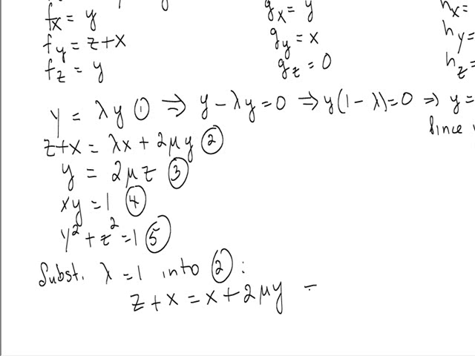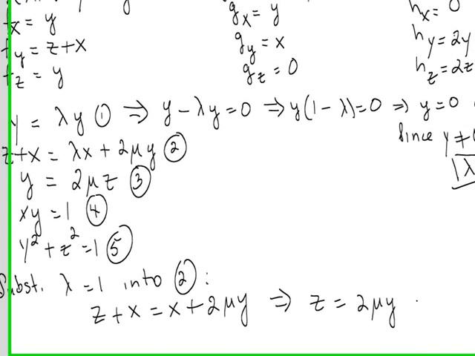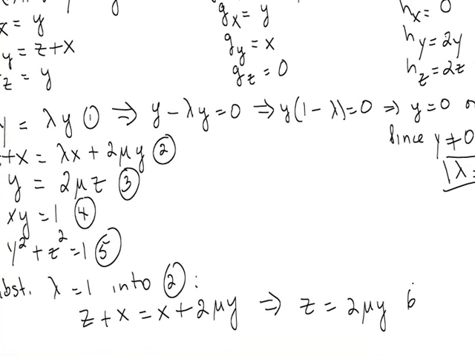What does that mean? Z equals 2 mu y. Call this, shall we call it something? That's another equation completely, right? All right. We're getting somewhere, aren't we? We hope. Nice.